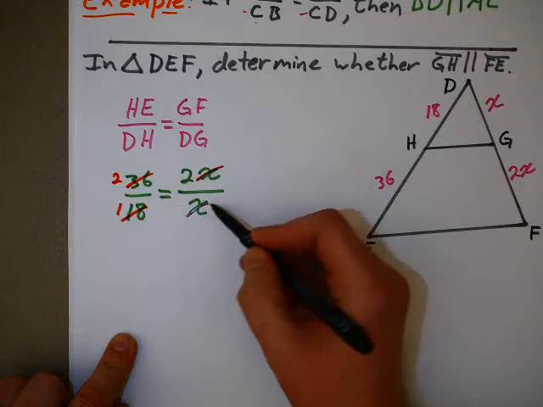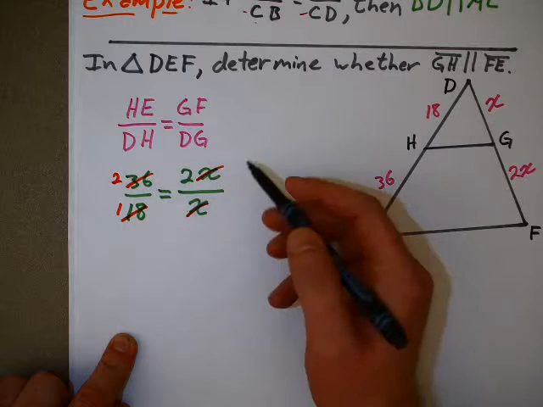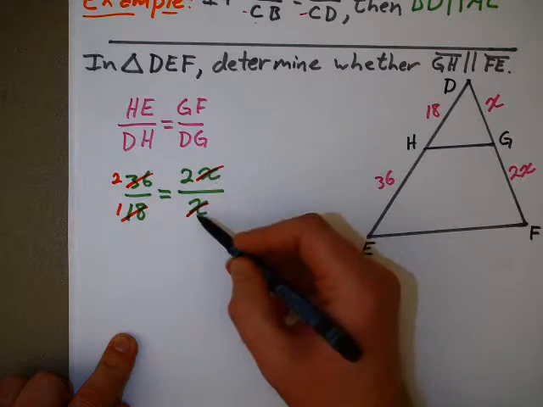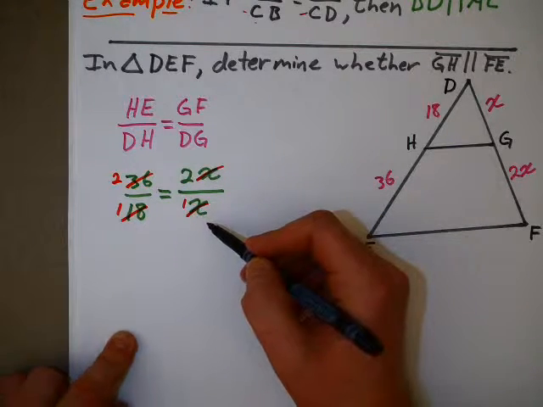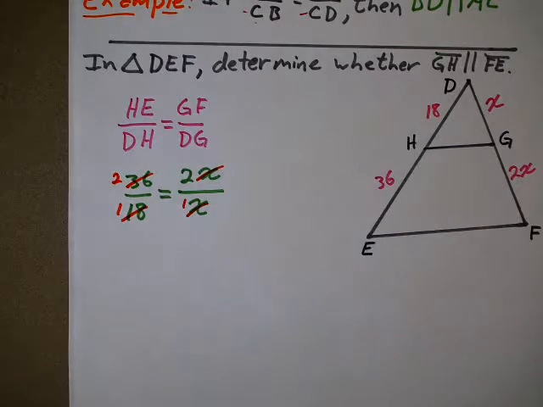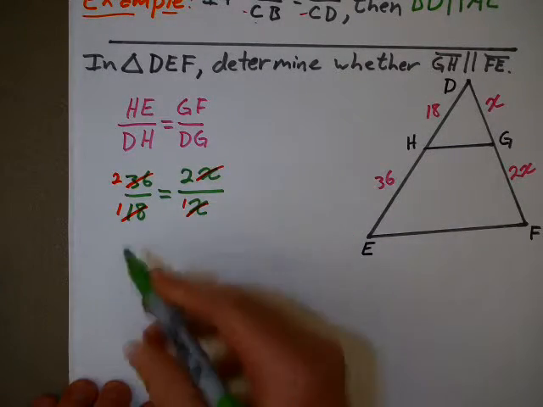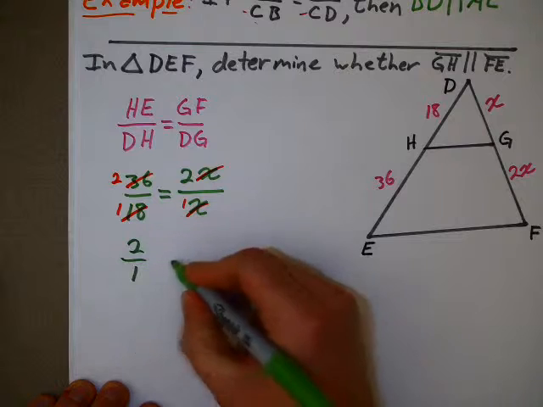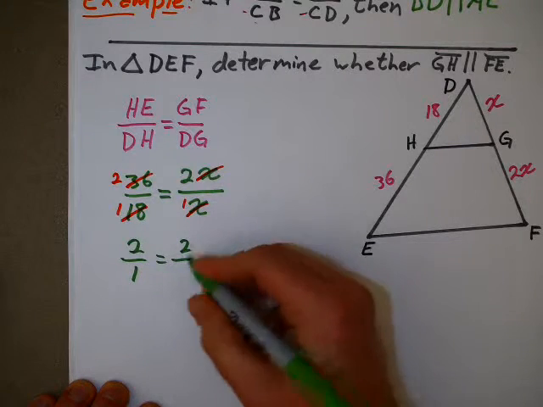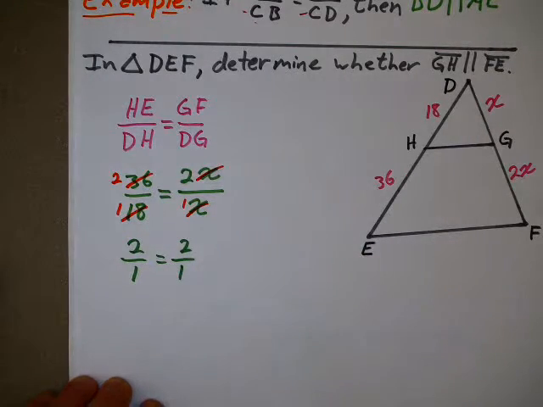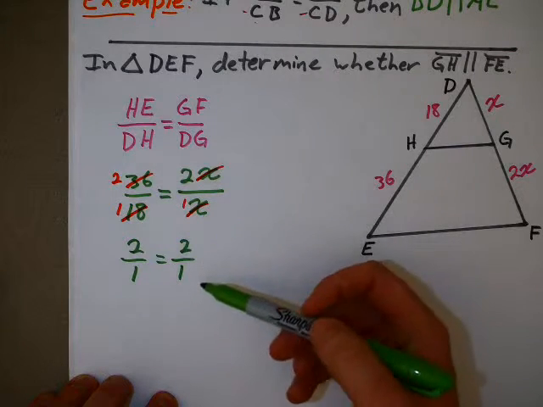So this becomes 2 times 1, which is just 2, and the x cancels out and becomes just a 1. So what that leaves us with is 2 over 1 equaling 2 over 1, which of course is a true statement.